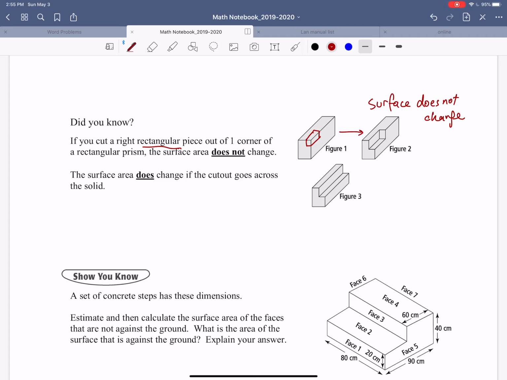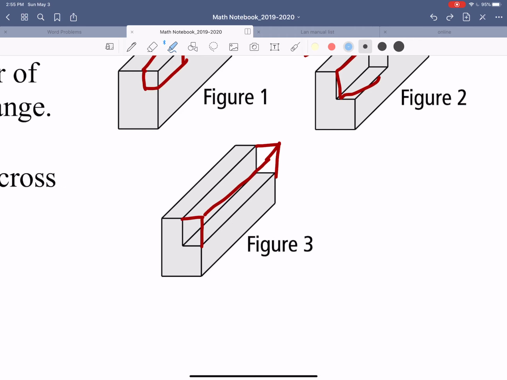But in this case, the corner is not a corner now. It's like a whole side that's cut out. Okay, when a whole side is cut out, do you see? I'm just gonna redraw the before image. See that this surface here is cut out, but it can be replaced by this. Okay, and this side surface is cut out, but is replaced by the inner side here.